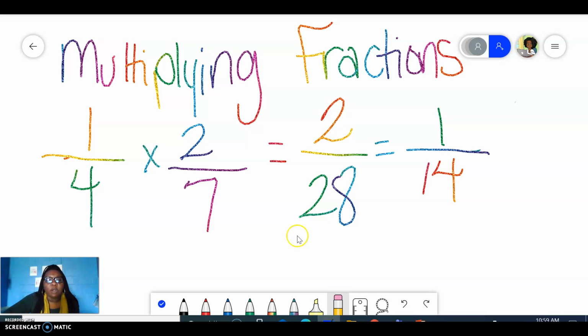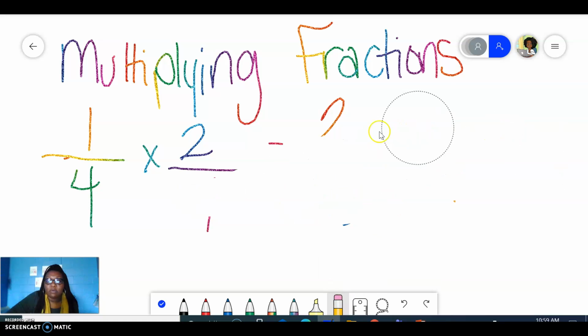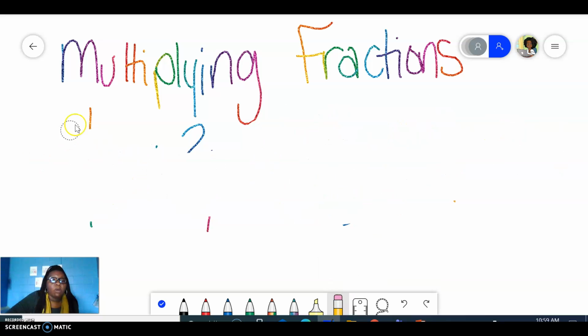So now what if we are multiplying a fraction by a whole number? Let's try that as our second example. It's important for us to know that all numbers can be shown as fractions.